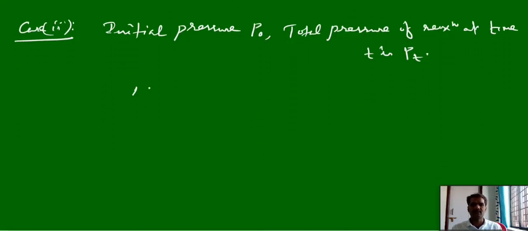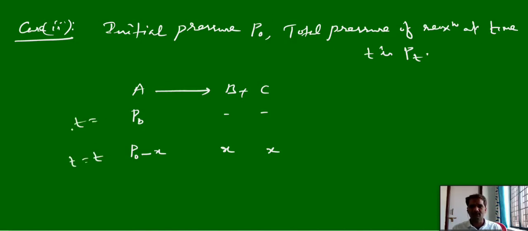Second case, let us take A gives rise to B plus C. Initial pressure is P naught, and B and C are initially nothing. After some time t, some X amount will decompose, then you will get X amount of B and X amount of C. This is t equal to t and this is t equal to 0. And we have the information that the total pressure of the reaction at a time t is Pt.